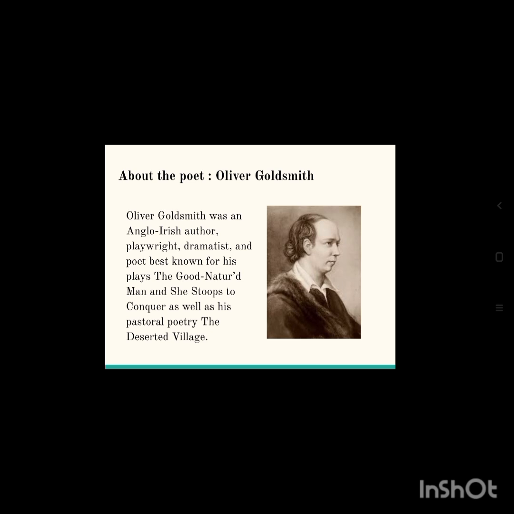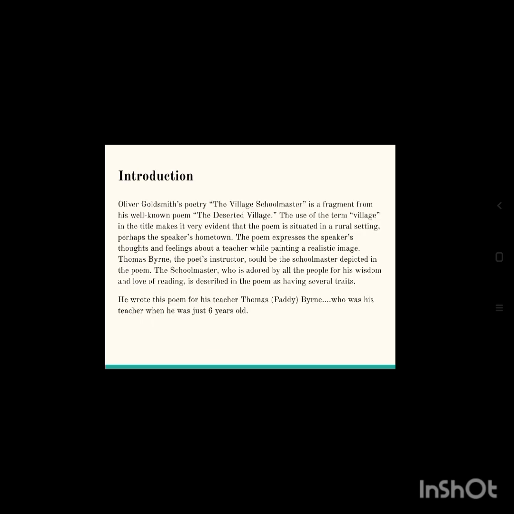He was an Anglo-Irish author, playwright, dramatist, and poet best known for his plays The Good-Natured Man and She Stoops to Conquer, as well as his pastoral poetry, The Deserted Village, from which our poem, The Village Schoolmaster, has been extracted. Some lines have been taken from that main poem and presented to us, and those few lines we are going to read.